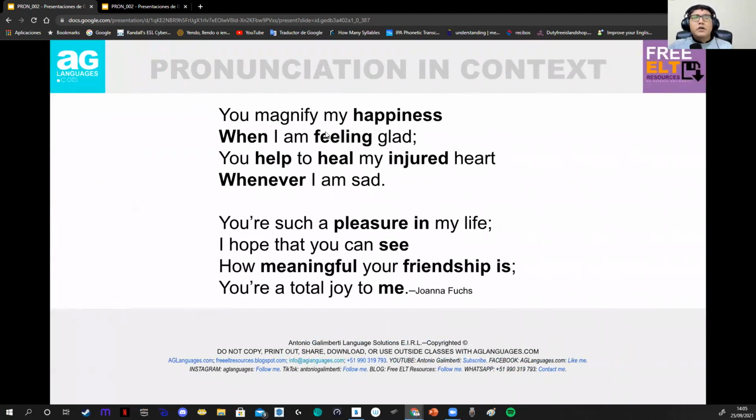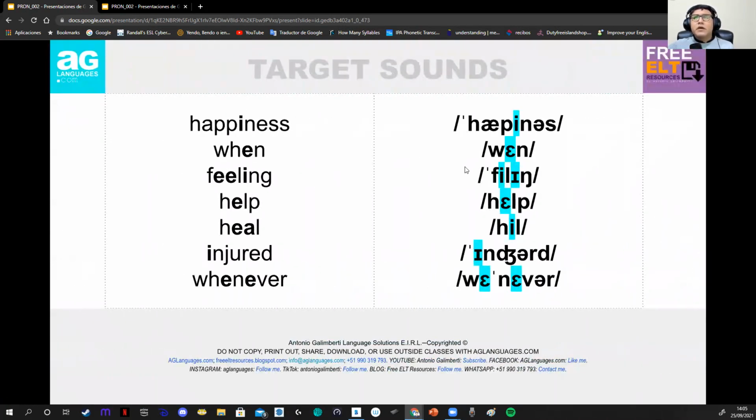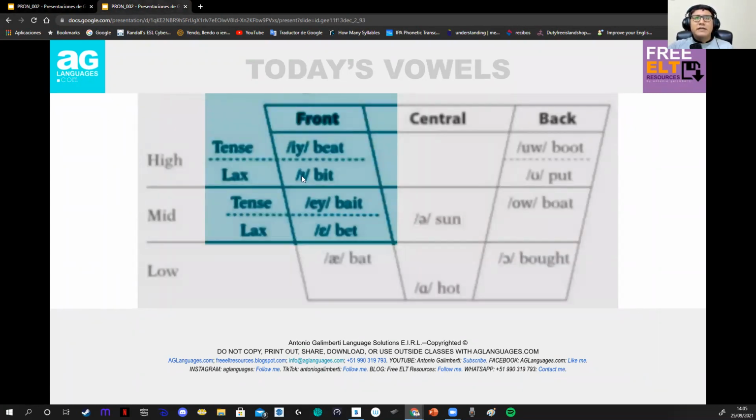So let's use some words from this beautiful poem, like happiness, when, feeling. Let me show you. Here they are. So in the word happiness, we have the tense vowel, right? Happy, happiness.